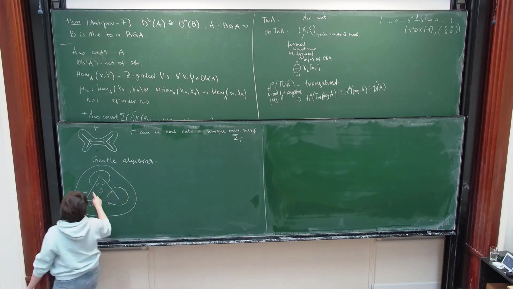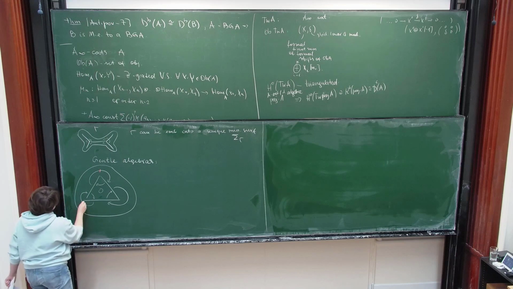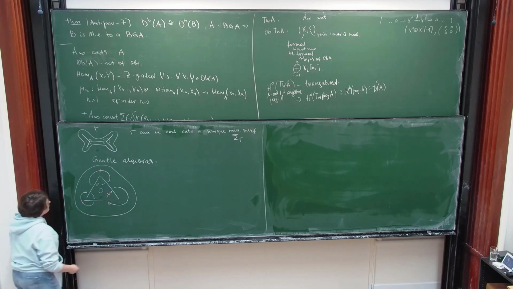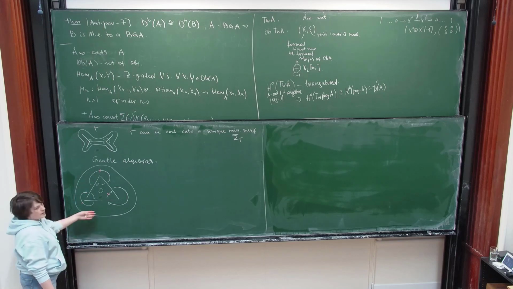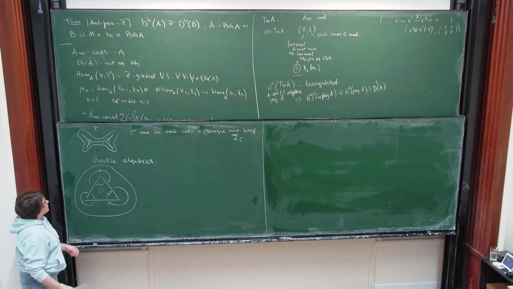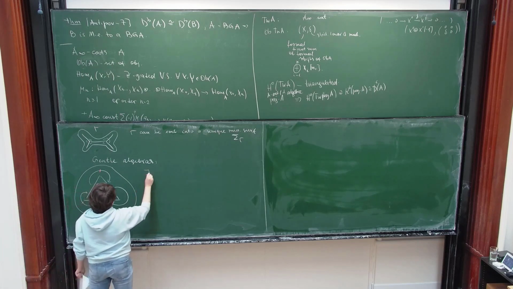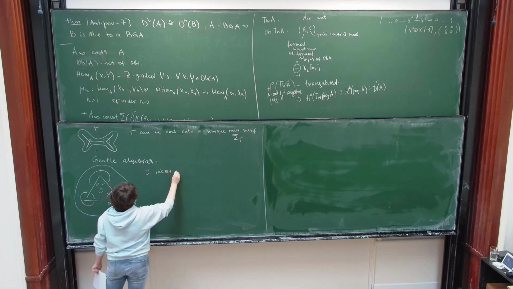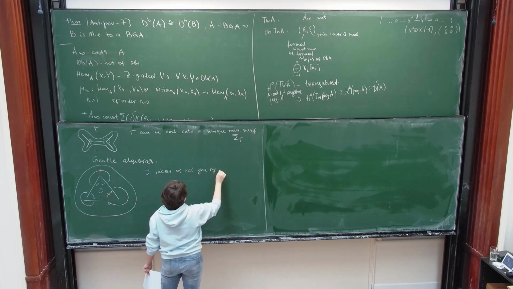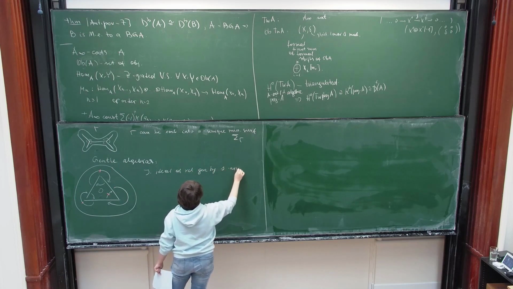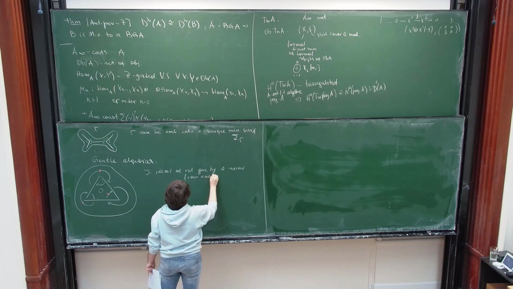So we can fix an arrow in each cycle, for example, in the following way. And then we can form the ideal generated by these arrows, and we can take the quotient of the Brauer graph algebra. And so J is the ideal of relations generated by one arrow of each cycle of gamma.